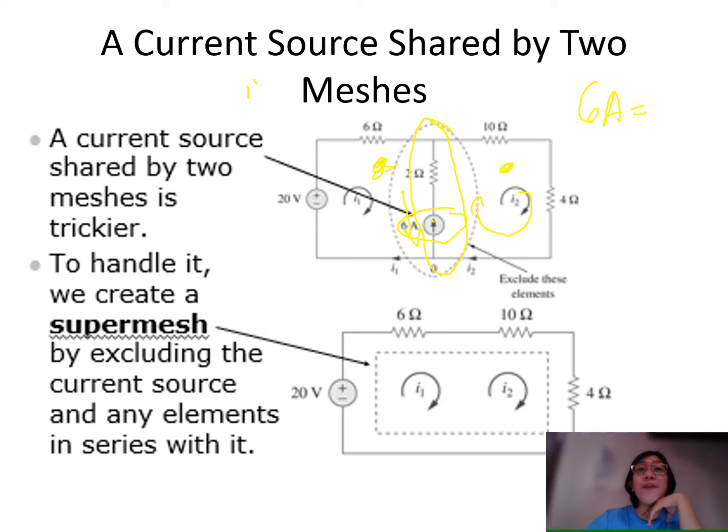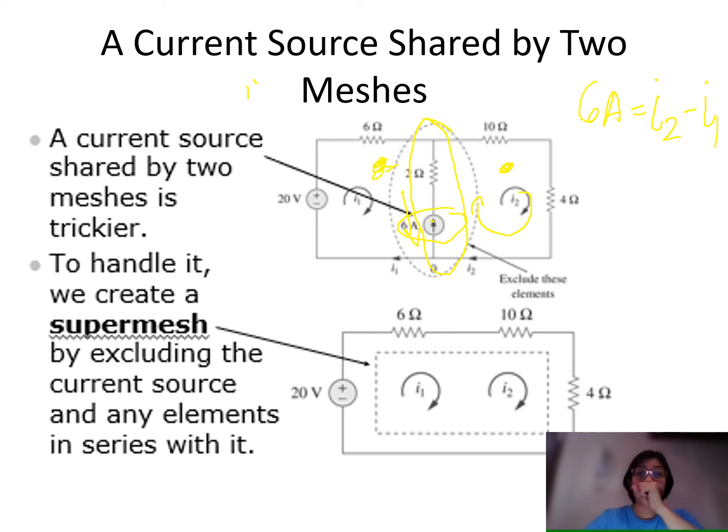So the equation that we can form here is 6 amperes is equal to I2 minus I1. I2 is positive because it has the same direction as the current source, while I1 is negative because it has the opposite direction of the current source.